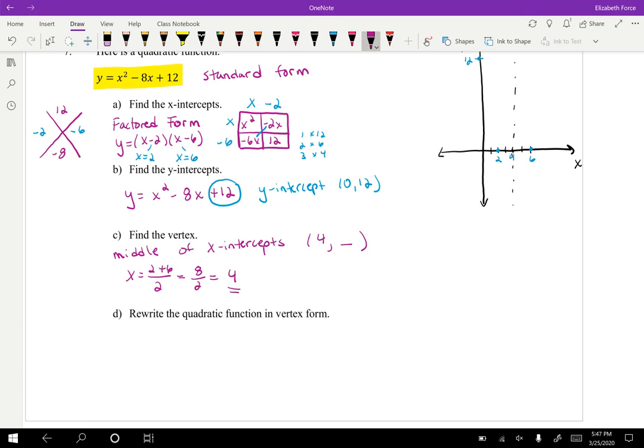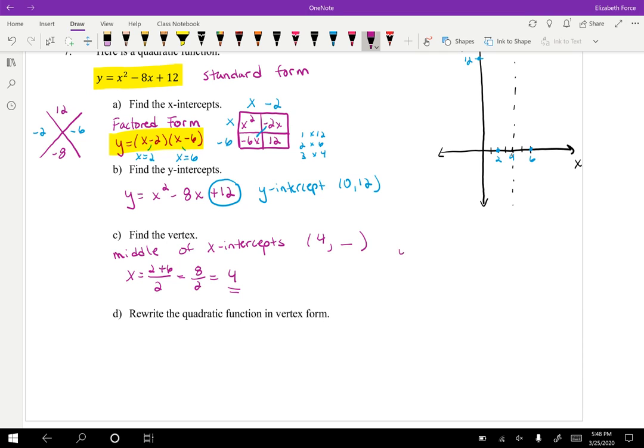Now we're going to plug it back into the function to figure out where the y-coordinate is. I'm going to go ahead and choose to put it into factored form because I think it's easier to do the math when it's in factored form, but you're more than welcome to put it in standard form. So I'm going to substitute 4 in for x.